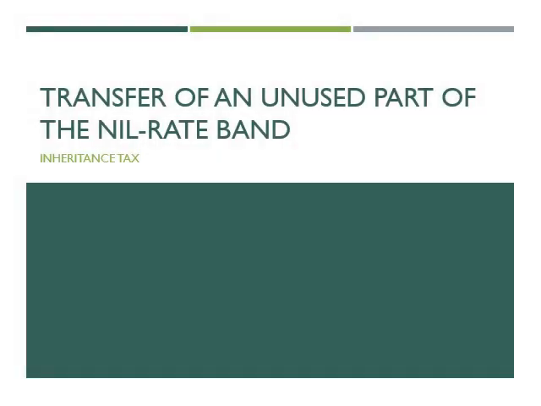In this video, we're going to look at the basics of how an unused part of the nil rate band for inheritance tax purposes can be transferred to the surviving spouse or civil partner.